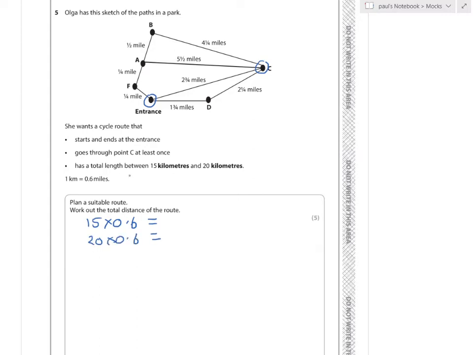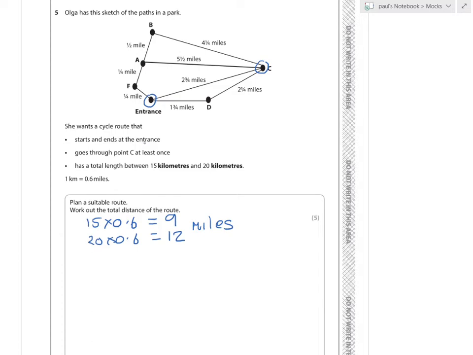That's going to find our total length in miles. So 15 times 0.6 is 9. This is turning out to be tough, this one. 20 times 0.6 is 12. So we've got to be between 9 and 12 miles.